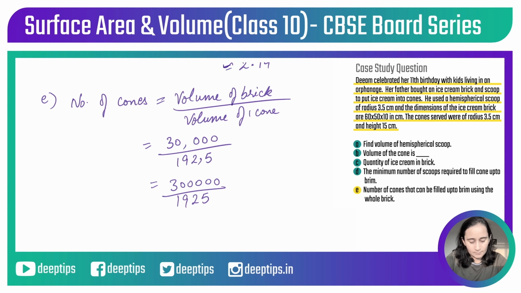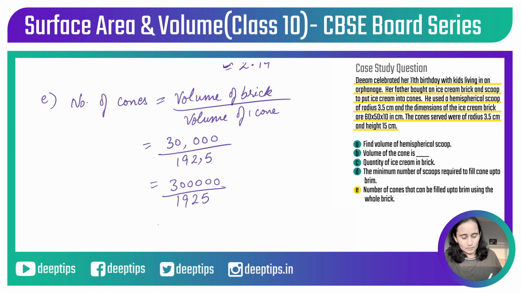So if I go with approximation, I know 1925 is close to 2000. And if I divide 300 by 2, I get 150. But this is something 3 lakhs, right? So 2000 into 150 will give me 3 lakh, but here it is less than 2000. It is 1925. So that means my answer is greater than 150.